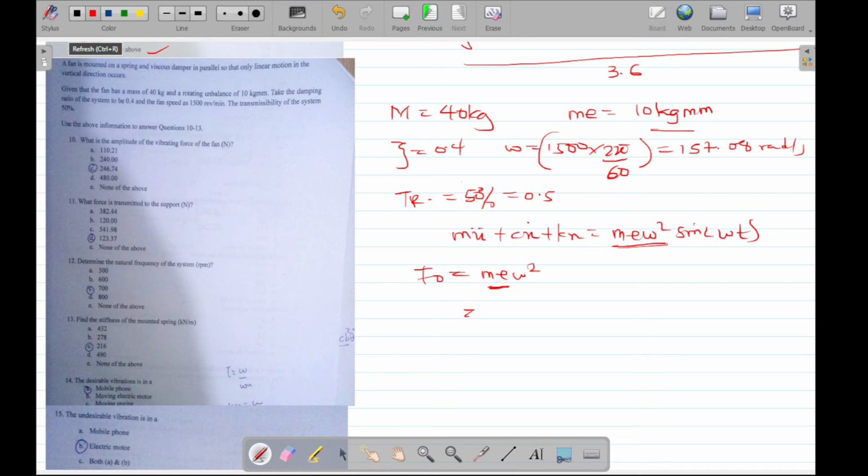From here, the e is called eccentricity. Now this is in millimeters. You need to convert it to meters.